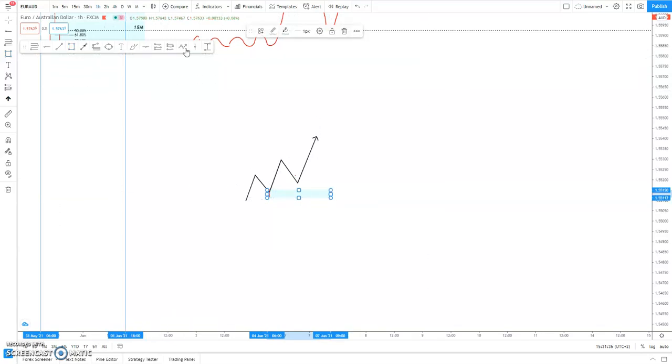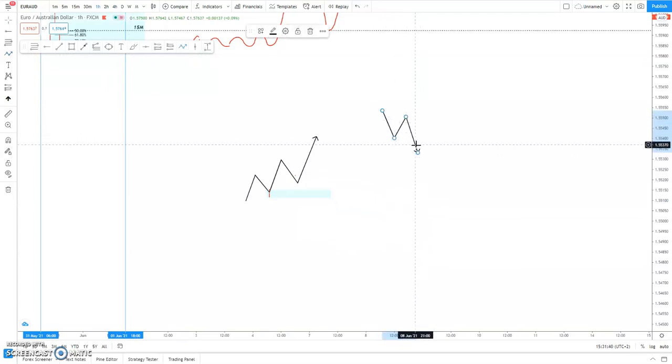In a bearish market, your supply zone will be the last bullish candle before the down impulse.